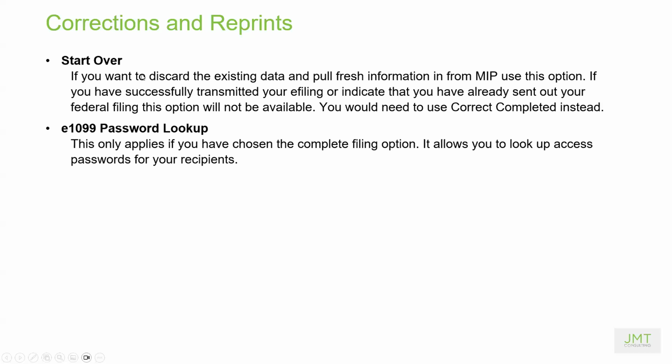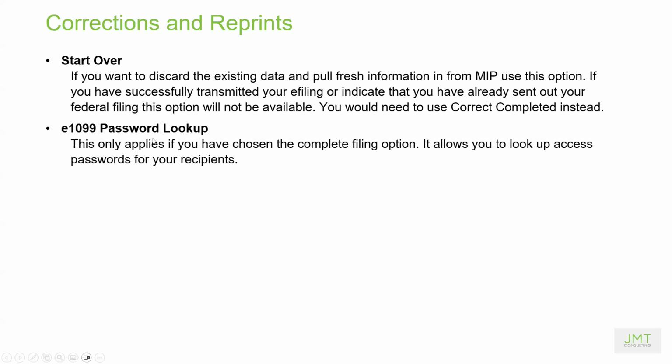You can also start over. So let's say you're like, I just totally messed up, I just need to start over, there's too many. You can do that. I don't know what the ramifications are, like if it's past the deadline, that would be for you to find out. I haven't kept up to date on all that, but that's what that start over option is.